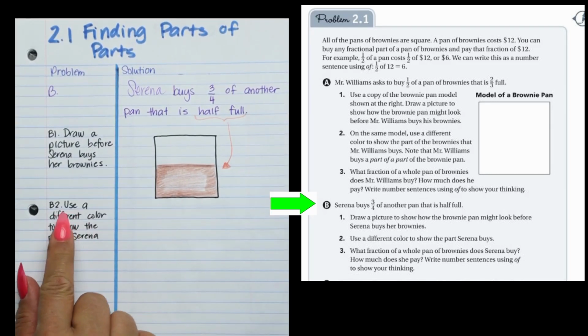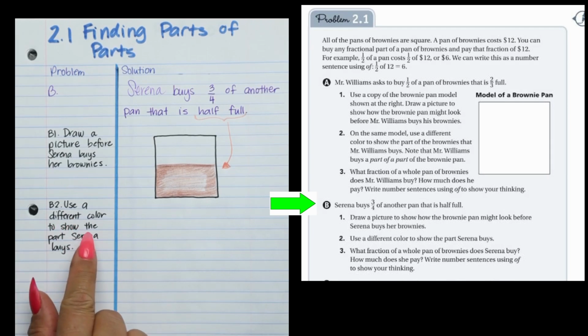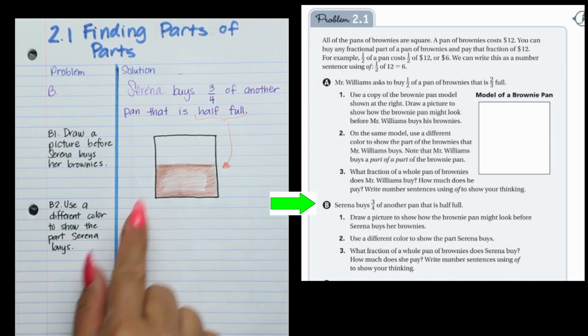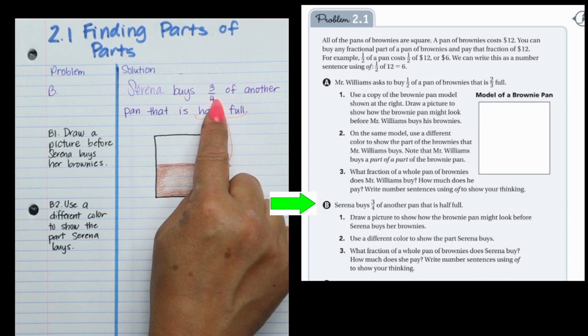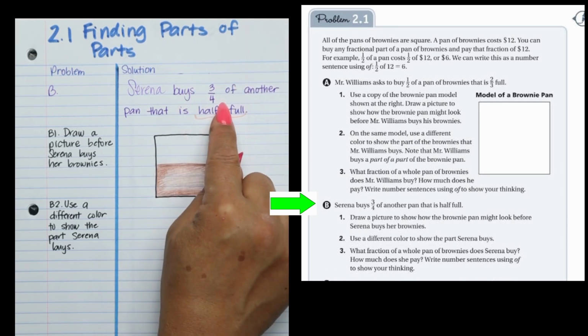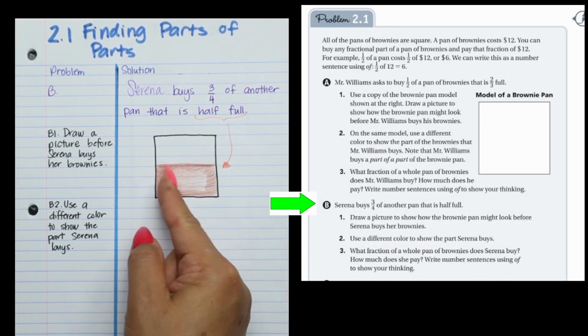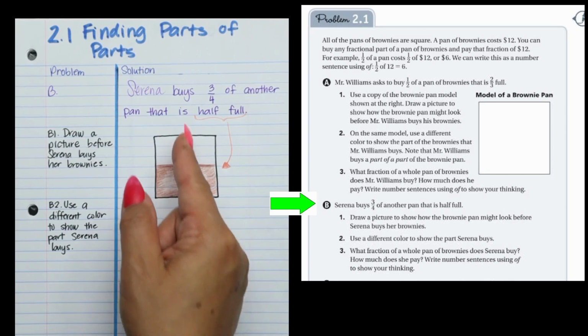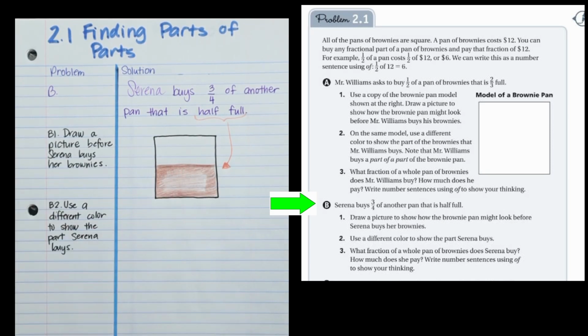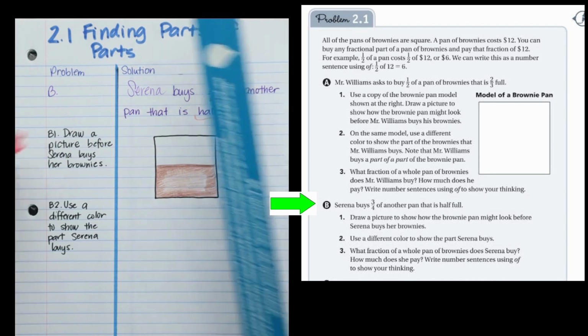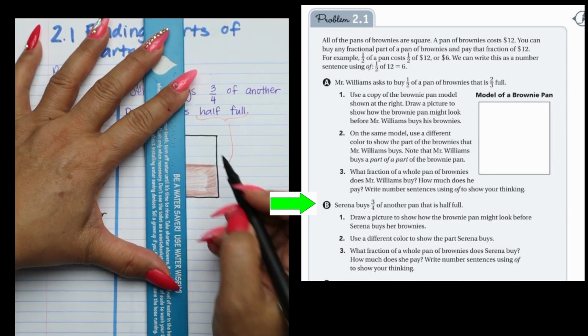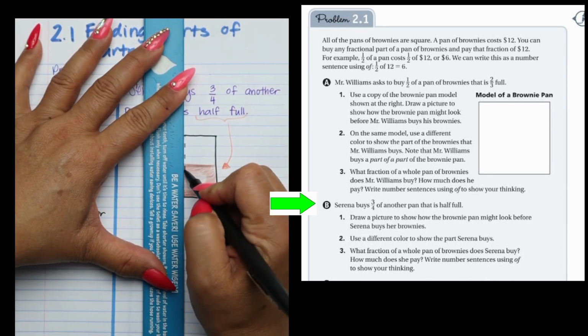All right, it says use a different color to show the part Serena buys. Serena wants to buy 3/4 of half a pan. So she wants to buy 3/4 of this. So I need to divide this into 3/4. And I'm going to do that while you're watching live. And I'm going to use dashed lines.